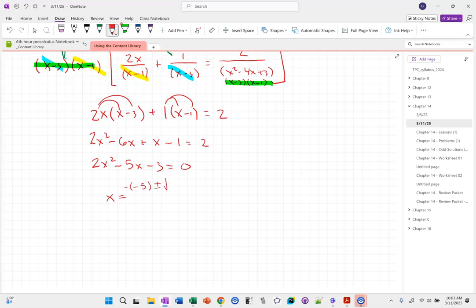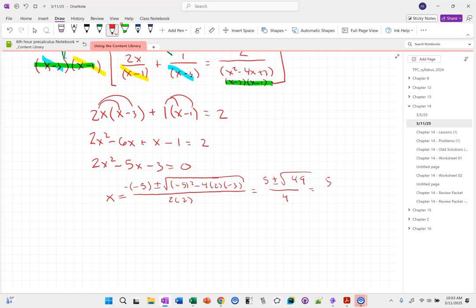So I have negative b plus or minus the square root of b squared minus 4ac all over 2 times a. Negative 5 squared is 25. 4 times 2 times negative 3 is negative 24. 25 minus a negative 24 is 49.